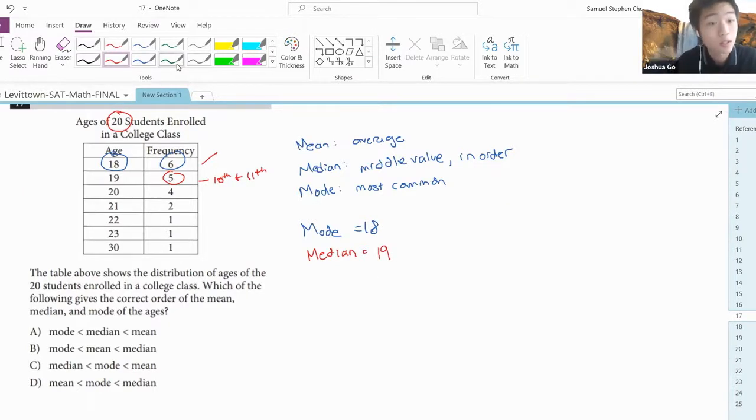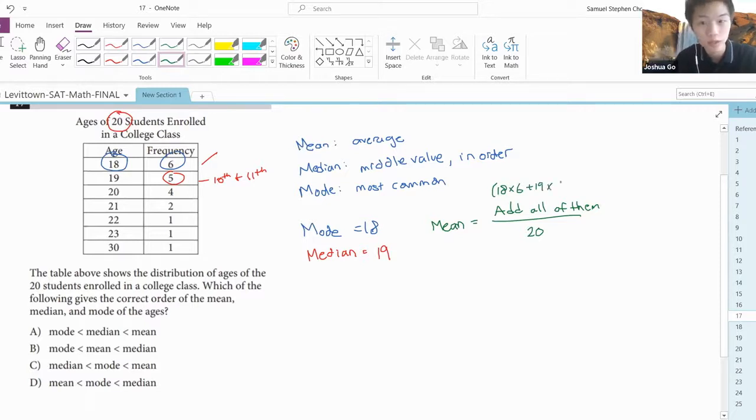And finally, to calculate the mean, we multiply 18 times 6, plus 19 times 5, plus 20 times 4, plus 21 times 2, plus 22 times 1, plus 23, plus 30, and divide all those by the number of students.